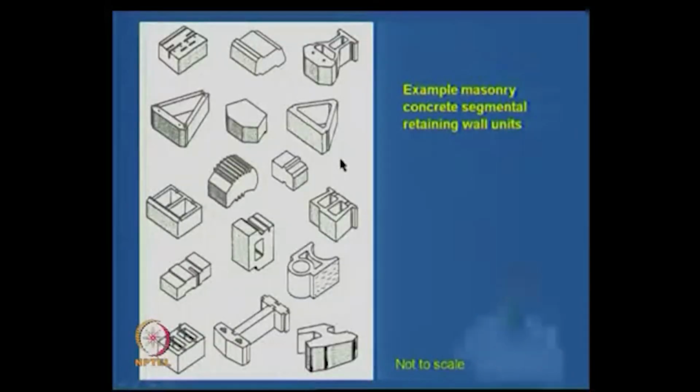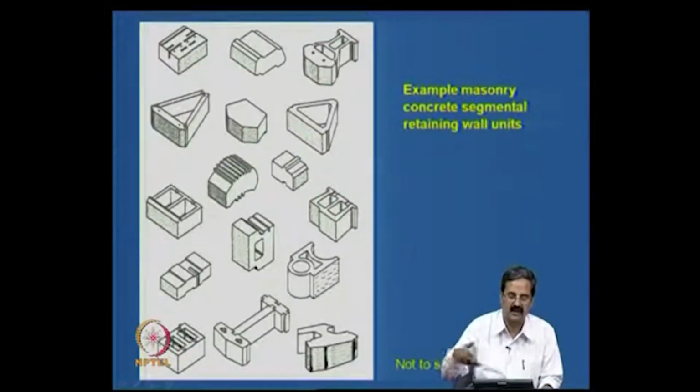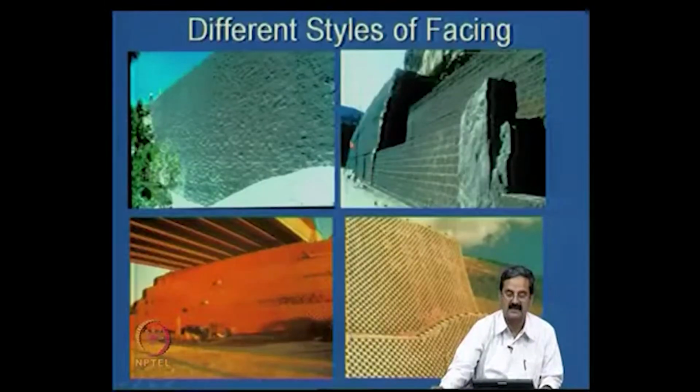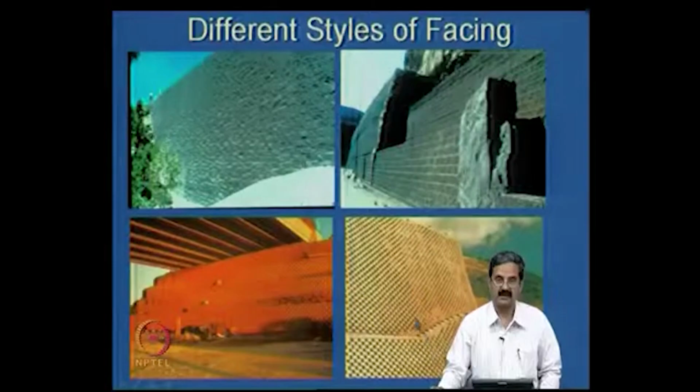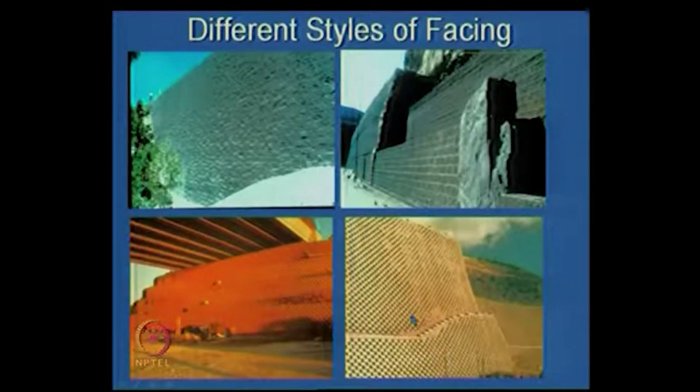If you are familiar with wall structures with concrete panels, they need a lot of cranes, but here you don't need cranes, you just need simple equipment, and a simple company that manufactures this type of facing blocks. They are called segmental retaining wall units. These are all facing blocks. You can see that you can construct a simple facing like this. This is a typical example that we have seen in many places in India, some places at least. This facing is called segmental wall design.